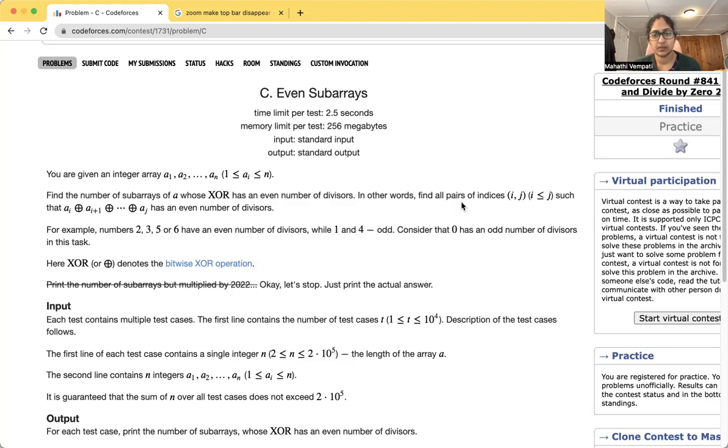Yeah, that makes sense. Okay, so essentially you need to figure out if it's not a square. XOR is bitwise XOR. Yeah, okay.